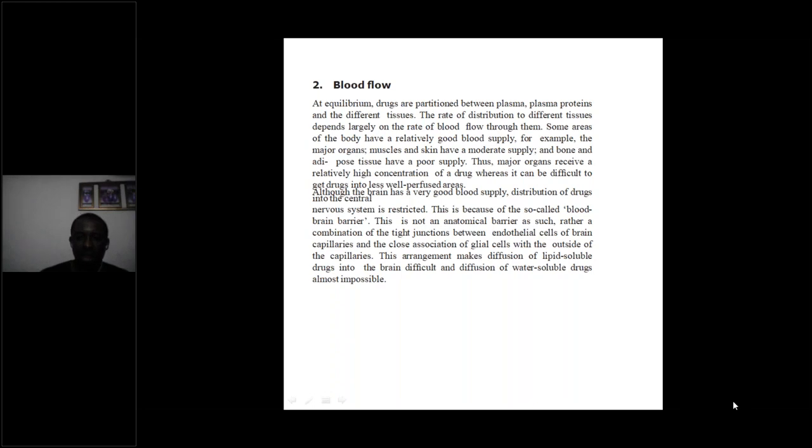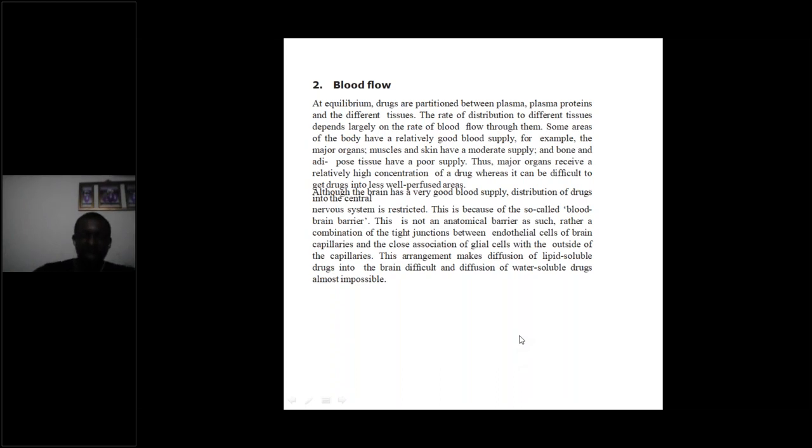But the CNS is a restricted area. The CNS is restricted because it doesn't allow a lot of things to get in, because of its sensitivity. In the brain there's an anatomical barrier, a combination of tight junctions between the endothelial cells of the brain capillaries and closely associated glial cells on the outside of the capillary.